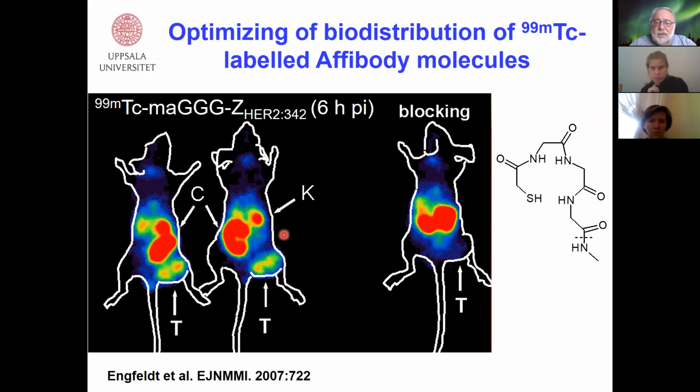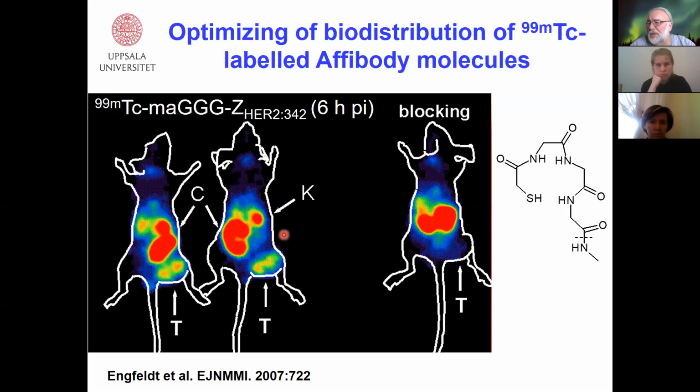We did labeling. It was reasonably stable. We demonstrated specific targeting in ex vivo experiments, and we had a reasonable tumor to non-tumor ratio.